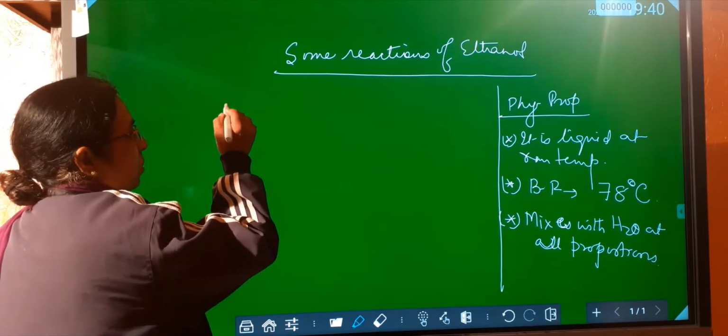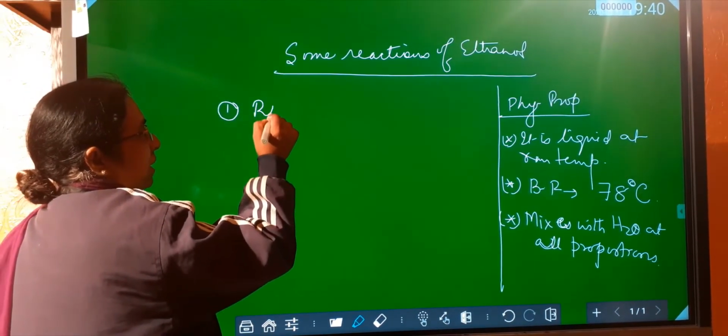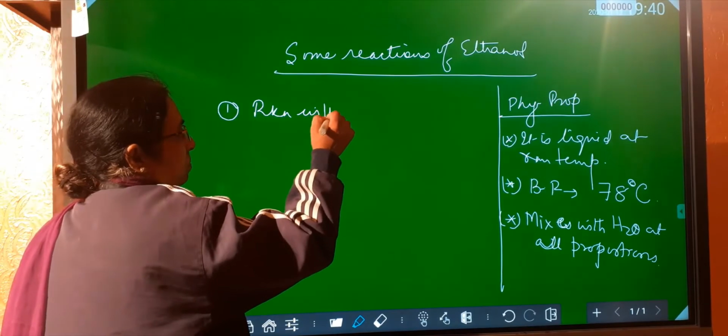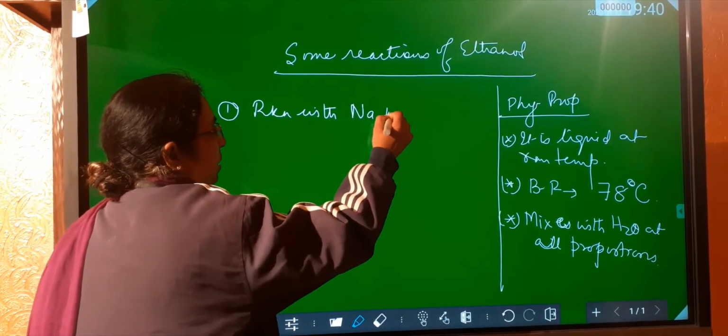Then chemical properties में let us see the reaction with sodium metal.